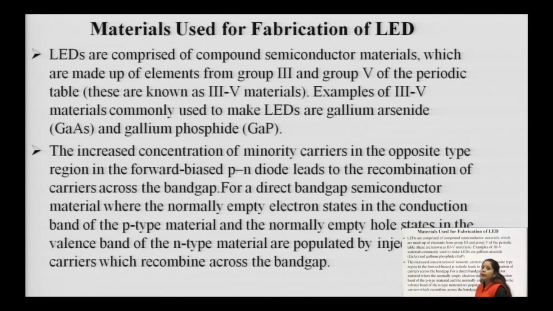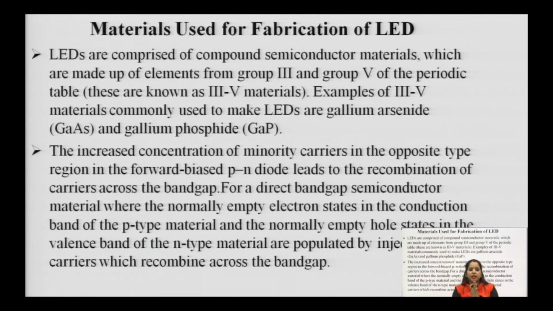Now we come to the materials used for the fabrication of LEDs. The materials play a very important role, because not all types of materials can be used for an LED. First of all, an LED is a semiconductor PN junction diode, but not all semiconductors can be used for its fabrication.